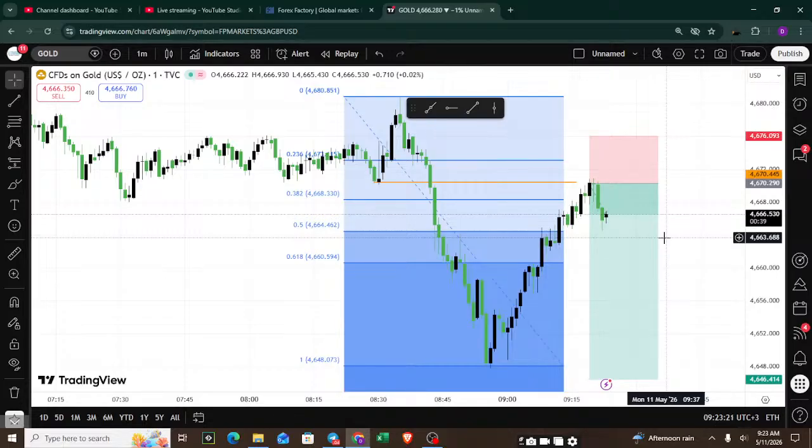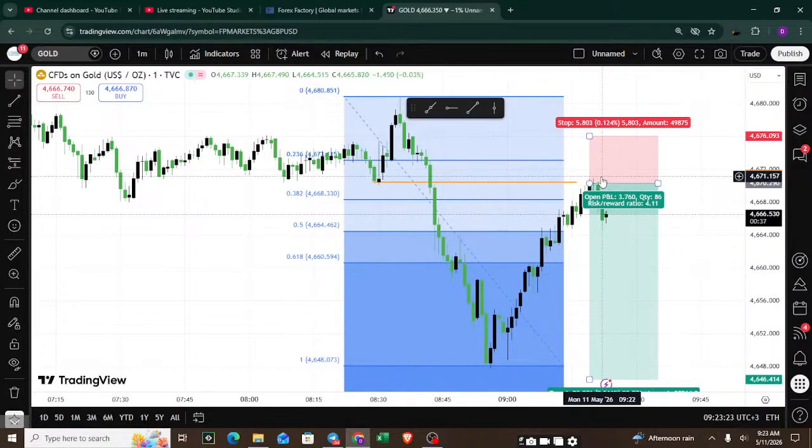So the idea was for price to get to a premium zone. We call it a premium zone. Okay, so it is not just a fib we are using. There is some serious reasoning behind the fib. So the fib provides what we call a premium zone or a discount zone.